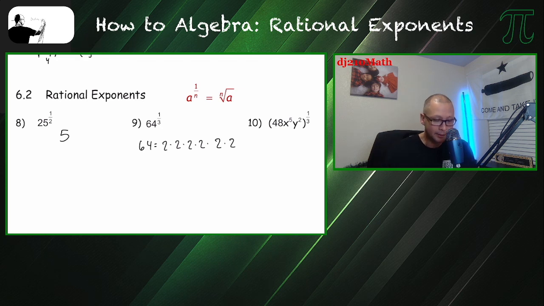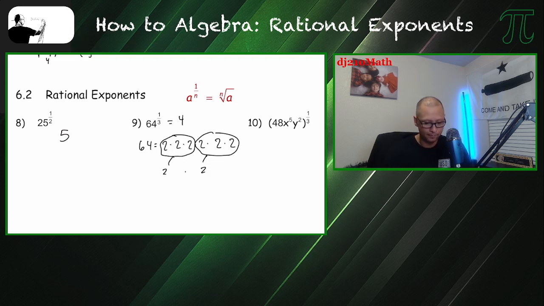Since it's a cube root, because it's a 1/3 power, we want to group them in groups of 3. So a single 2 and a single 2. Ultimately, it's going to be 2 times 2, which is 4. That's good.